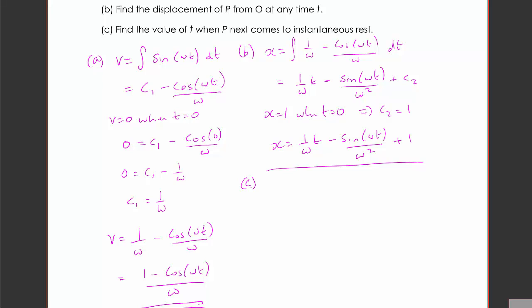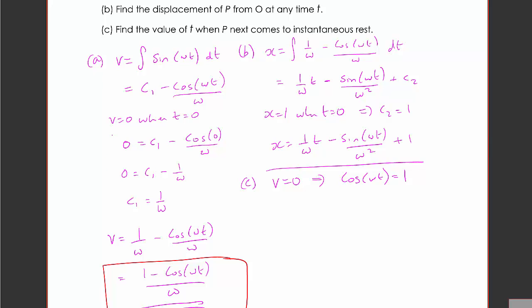So in part C, we've got to find the value of t when P next comes to instantaneous rest. So, of course, we've got this expression here for velocity. And so velocity equals 0 would mean that cos(ωt) is equal to 1.